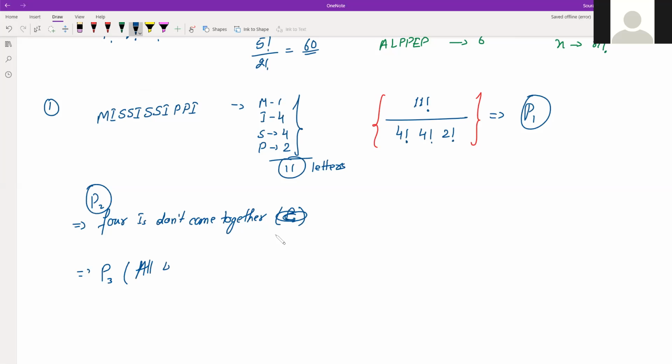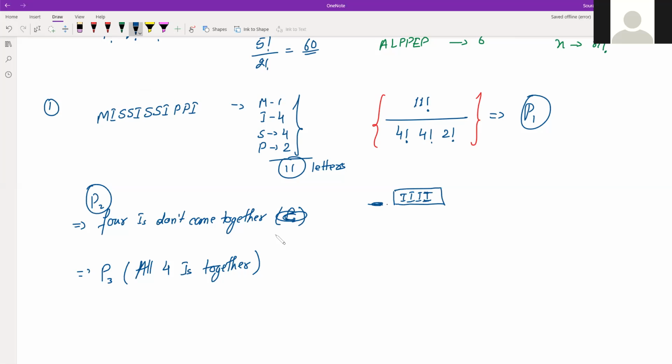which says all 4 I's together. So if we want all 4 I's together, we have 11 letters, and 4 I's want to stay together. So what do you do? You pack them inside a box and tell them, okay, you are now one entity because you want to be together.